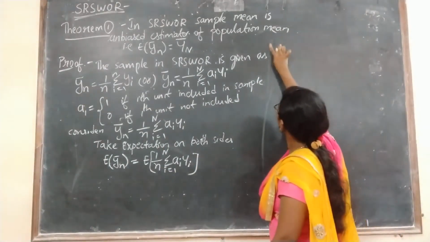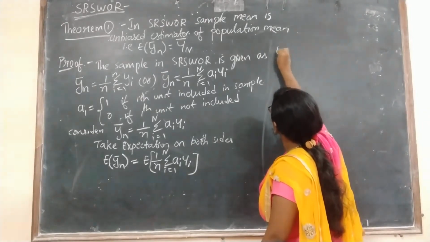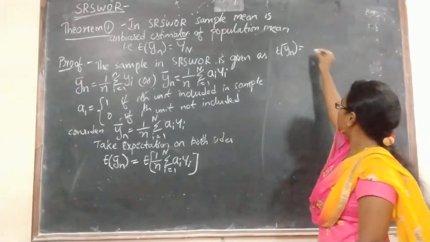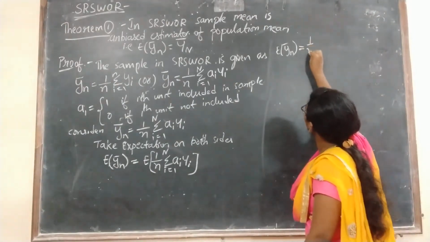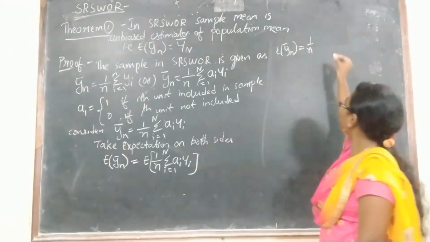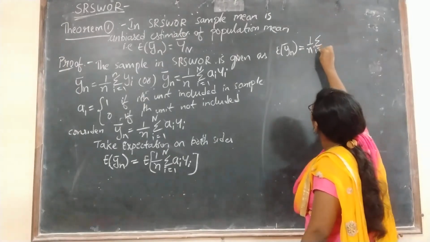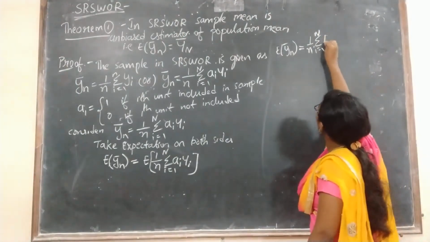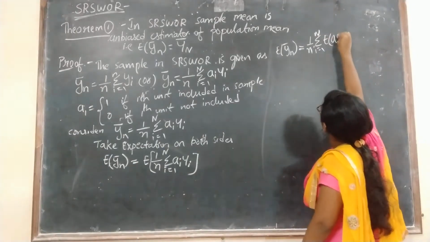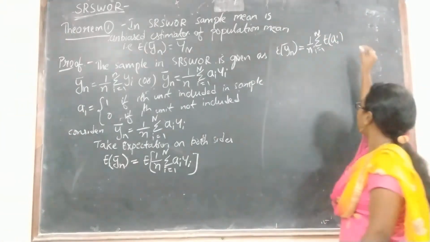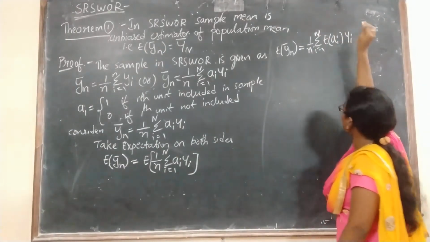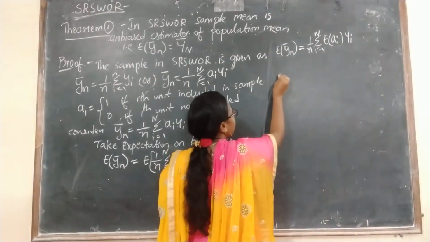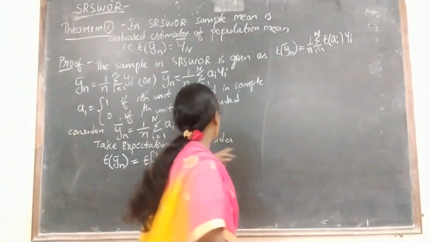What are the constant values? 1 by n is a constant, so write it outside the expectation, and the summation i equals 1 to capital N is also a constant. You write the expectation of ai, and Yi is also a constant, so you write it outside. Now I have to find the expectation of the ai value. So what is ai?